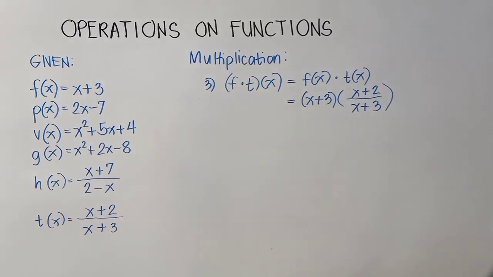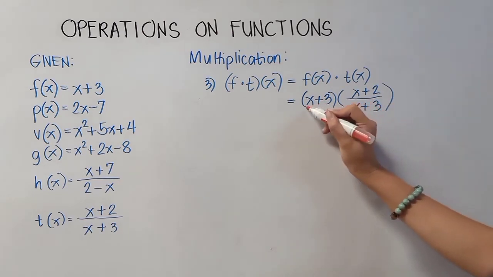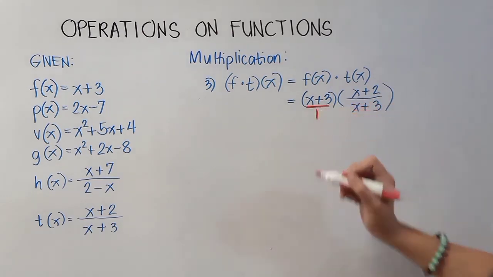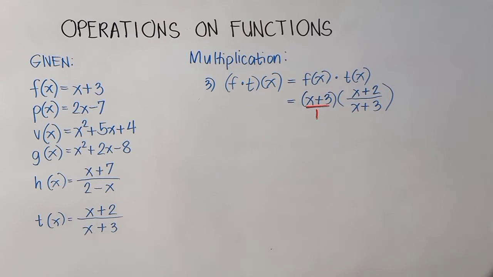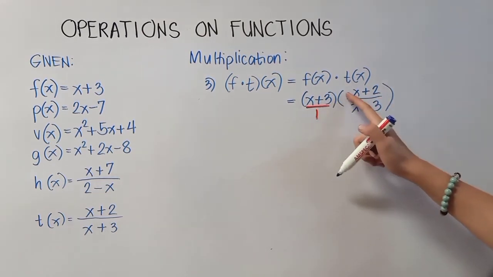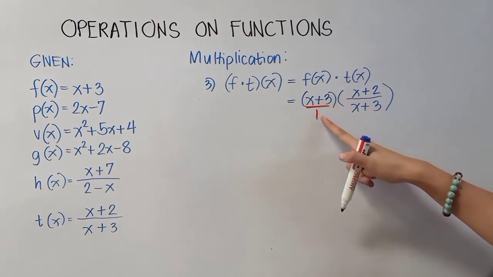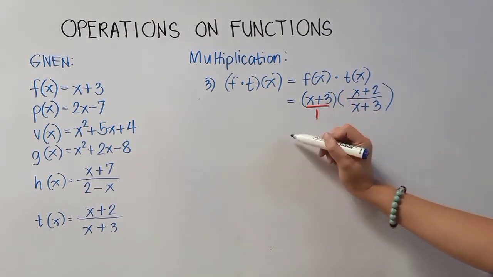Now, in multiplying fractions, we have to make sure that all of our given are in fraction form. So, x plus 3 has a denominator of 1. Now, remember that in multiplying fractions, we have to multiply numerator times numerator all over denominator times denominator.